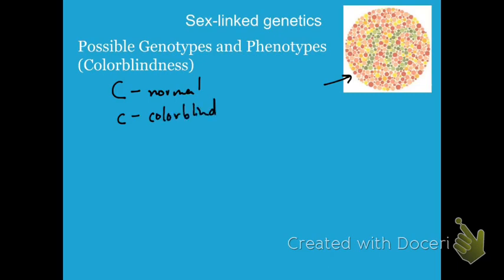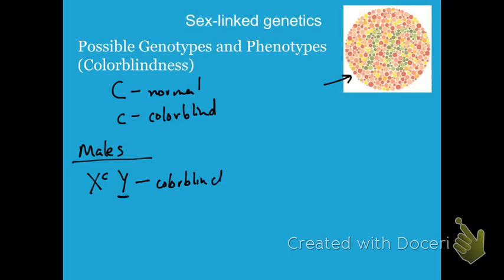It actually works a lot differently than just big C, little c, because in males, remember a male has an X and a Y, right? So if a male is colorblind, he's going to have a little c on the X. And so that is a colorblind male. Remember, there's nothing on the Y.